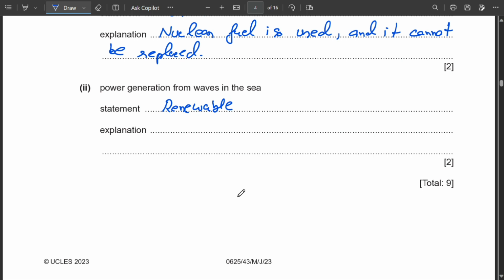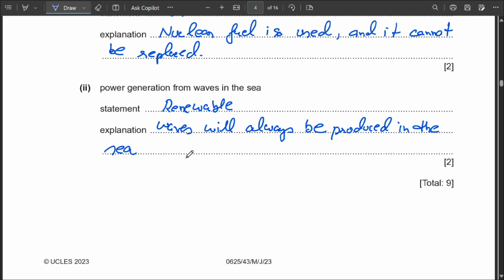Explanation: waves will always be produced in the sea, so they are not going to be used up.